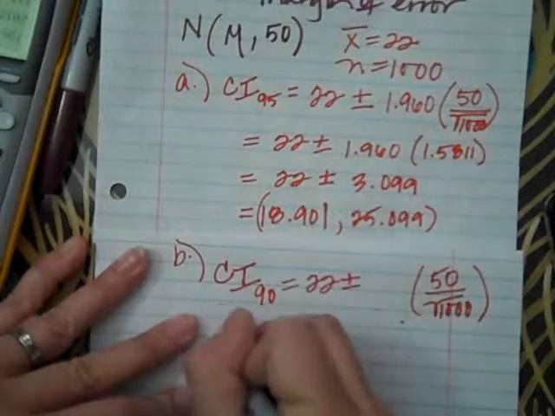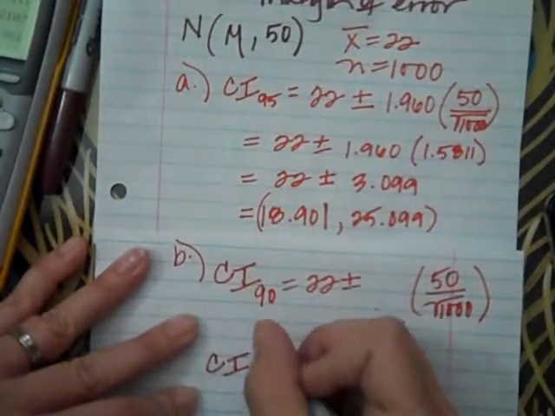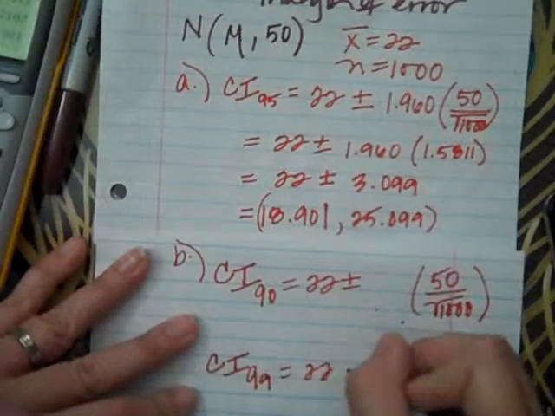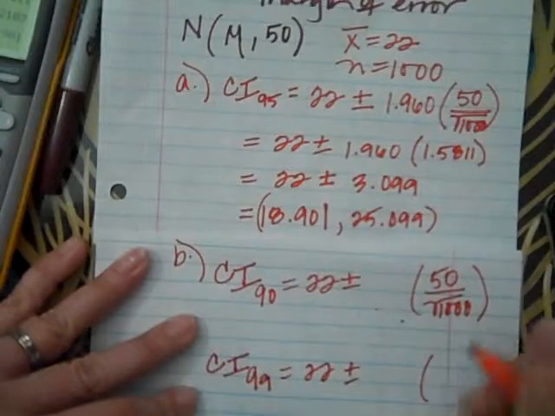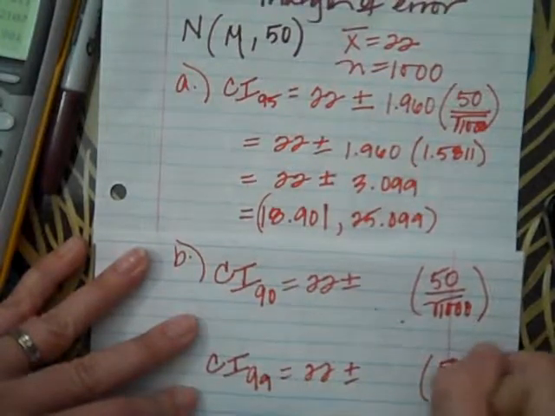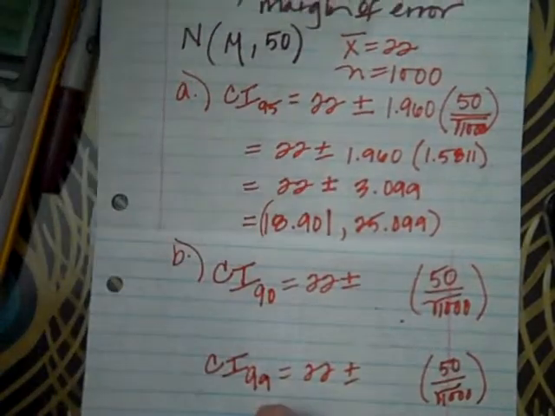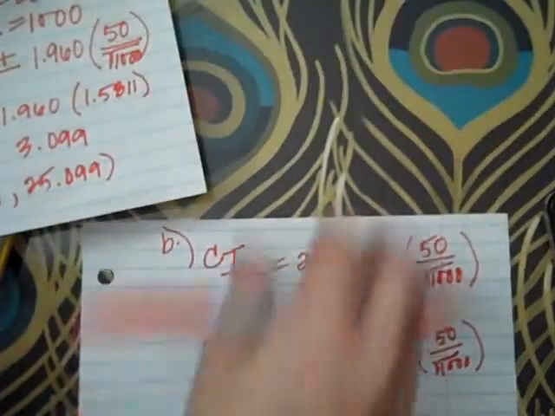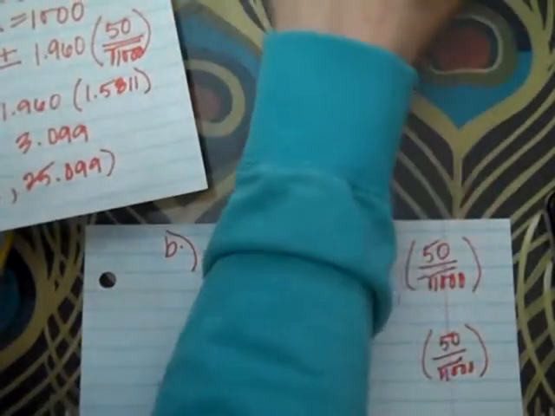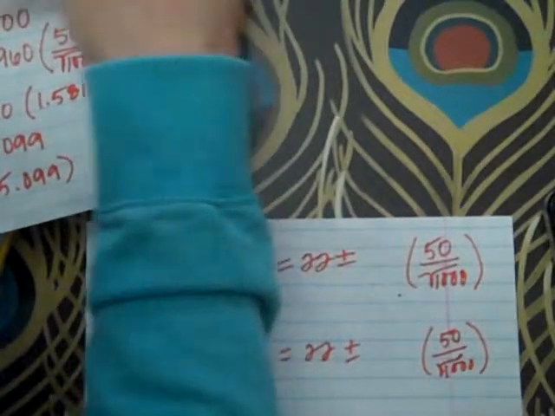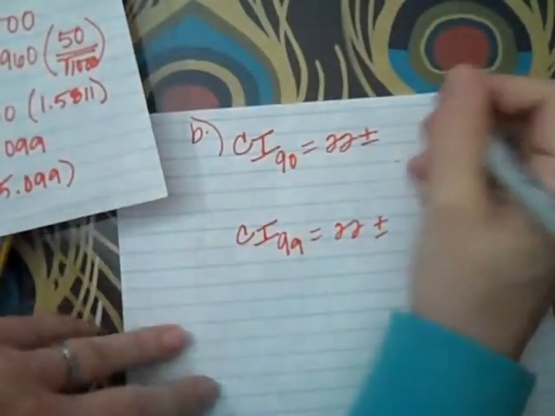I'm also going to construct a confidence interval based on 99%, 22 plus or minus the critical value for 99, 50 divided by the square root of 1,000. When I get my critical values for 90 and 99%, I'm looking at 1.645 and 2.576.